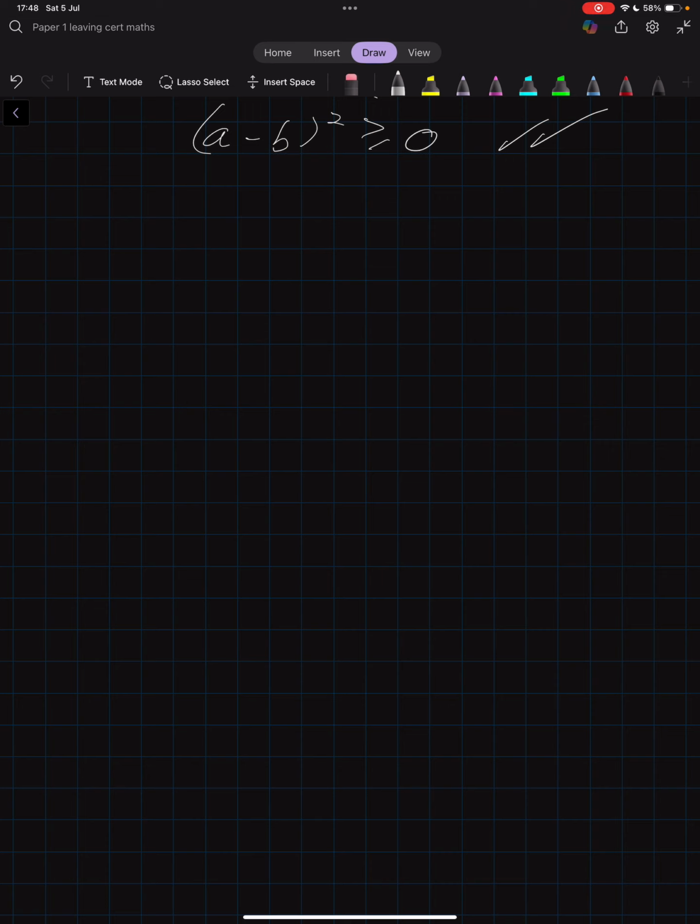Yeah, I think I can do this one. It just says show that p squared plus 1 is greater than or equal to 2p for p element of R. So again, just for any p, so any p you can think of.